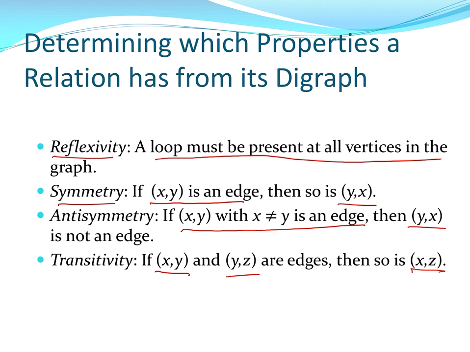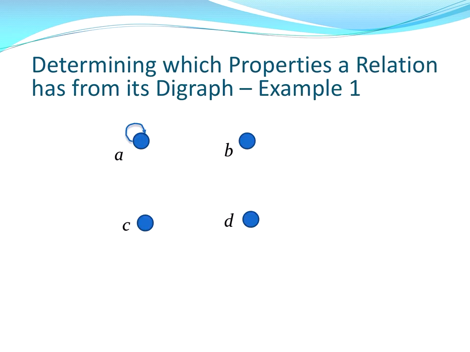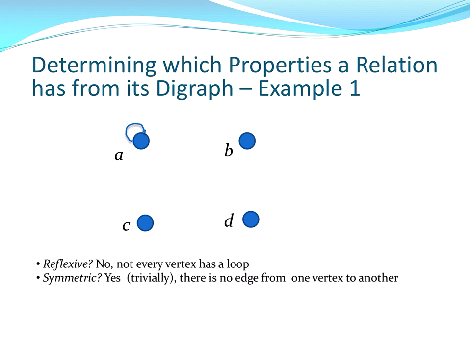So we'll step through several examples. This first one, is it reflexive? Well, no, because I don't have a loop at every vertex. Is it symmetric? Yes, it is trivially, because there's no edge from one vertex to another, so we satisfy the condition vacuously.